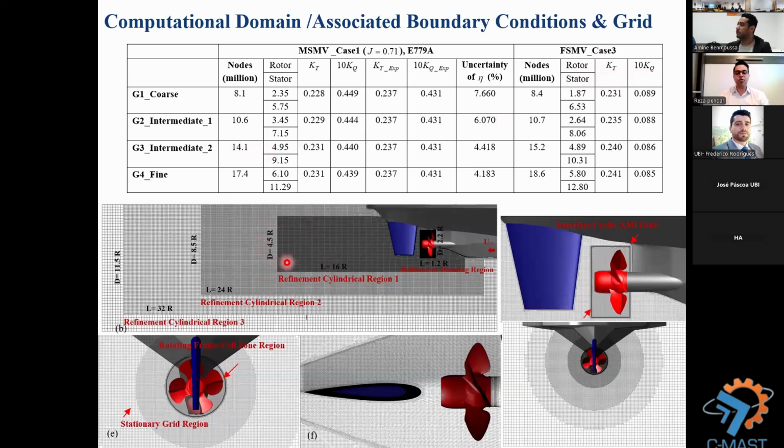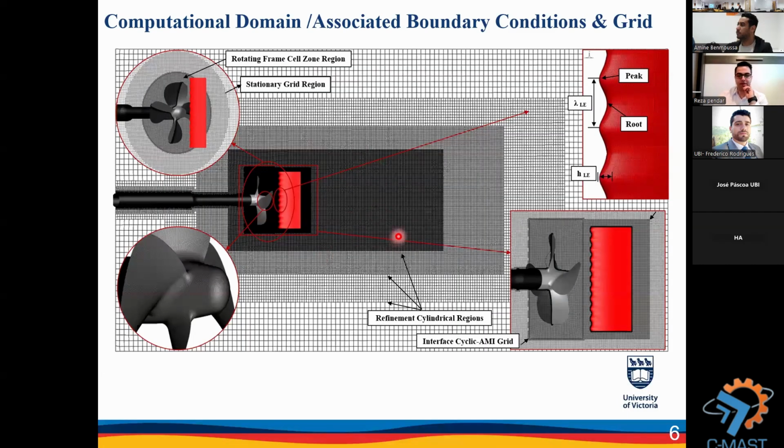In our modeling, after analysis, we found that a mesh with 14.2 million cells for the large size vessel and 15.2 million cells for the small size is appropriate. The mesh must be fine because the LES, large eddy simulation turbulence model, is very sensitive to mesh, and we also deliberately use a very small mesh size in this area to capture the wake structure generated by the propeller. Here you can see the mesh for a small size vessel.